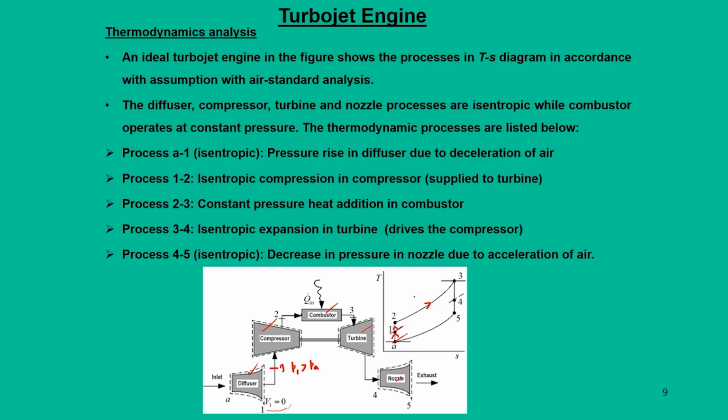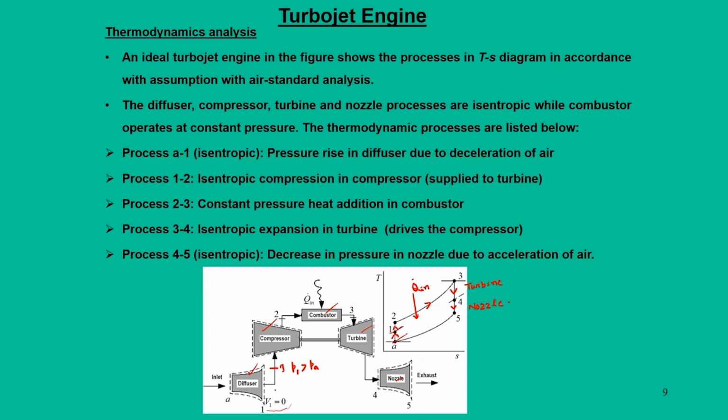So, we add Q in, that is Q in comes here, and after this we have 2 stage expansion. The first stage expansion is 3 to 4, that is the turbine, and the second stage expansion is from 4 to 5, that is the nozzle, and finally the exhaust goes out.